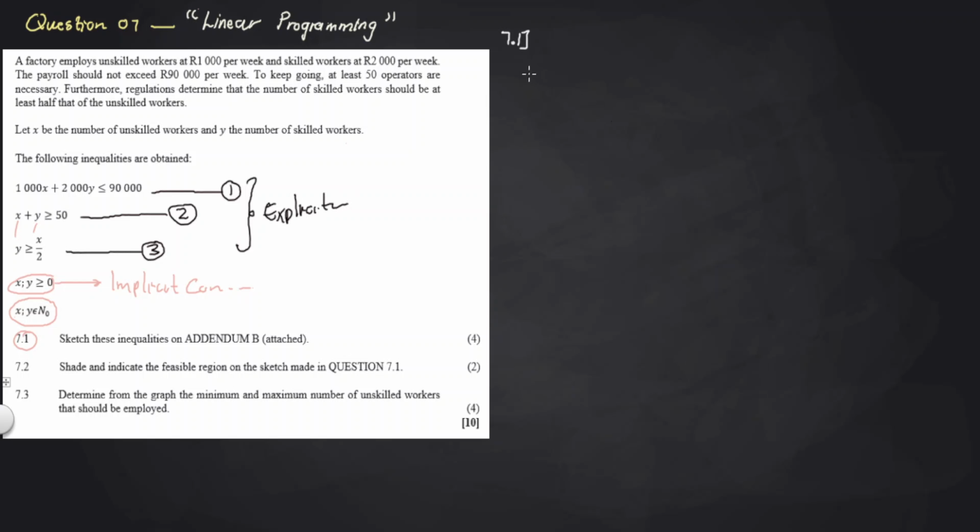Let's take the first constraint: 1000x + 2000y ≤ 90,000. We want the y-intercept as well as the x-intercept. For the y-intercept, we let x be 0.